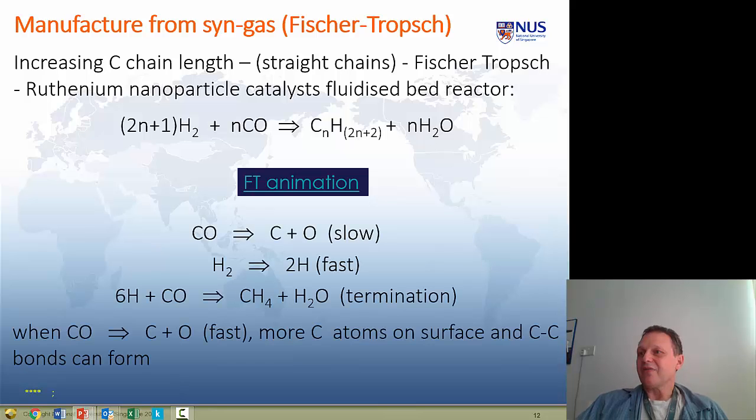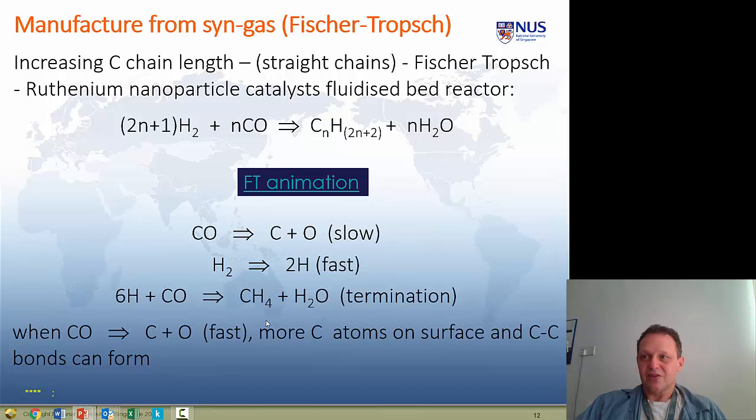If we think about the stages of this and the early Fischer-Tropsch, effectively, unless you take quite careful precautions, the hydrocarbon you end up with is methane. The modern catalyst for this is ruthenium nanoparticles, and you'd use it in a fluidized bed reactor.